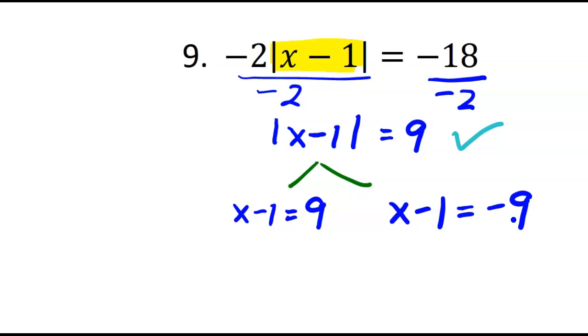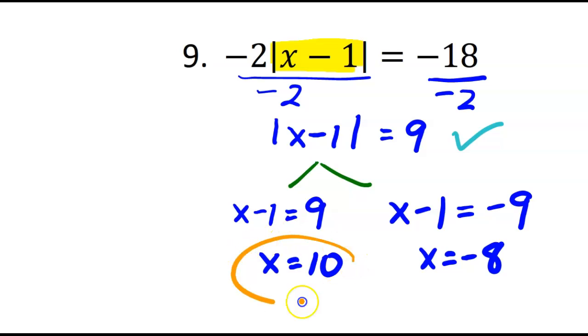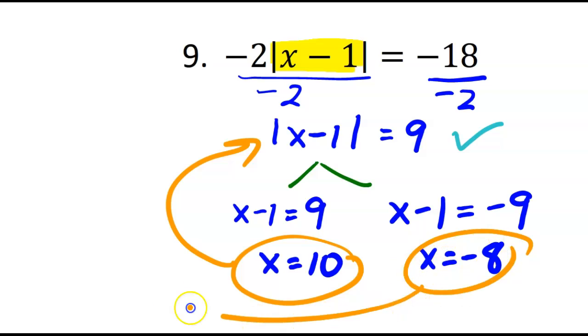So adding 1 to both sides, we'll get x equals 10 on the left-hand side. Adding 1 to both sides, we'll get x equals negative 8 on the right-hand side. Now I want to check these against my set. So I basically want to take these and look at it in here to see if it works or not.